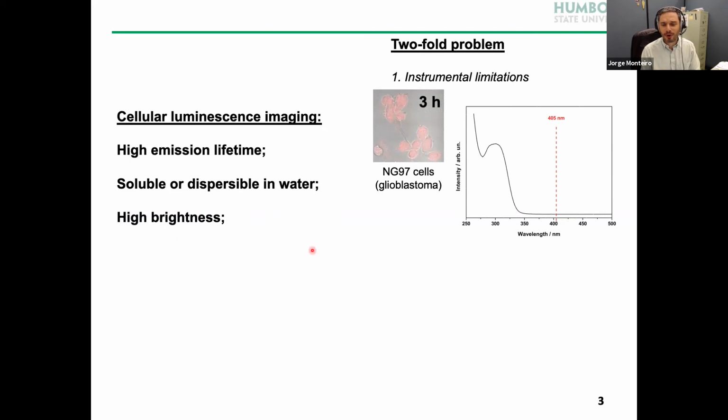The first problem in cell imaging is the instrumental limitation. On most confocal microscopes, the highest excitation energy available is 405 nanometers, so almost in the visible. Therefore, your compound needs to absorb around that range.